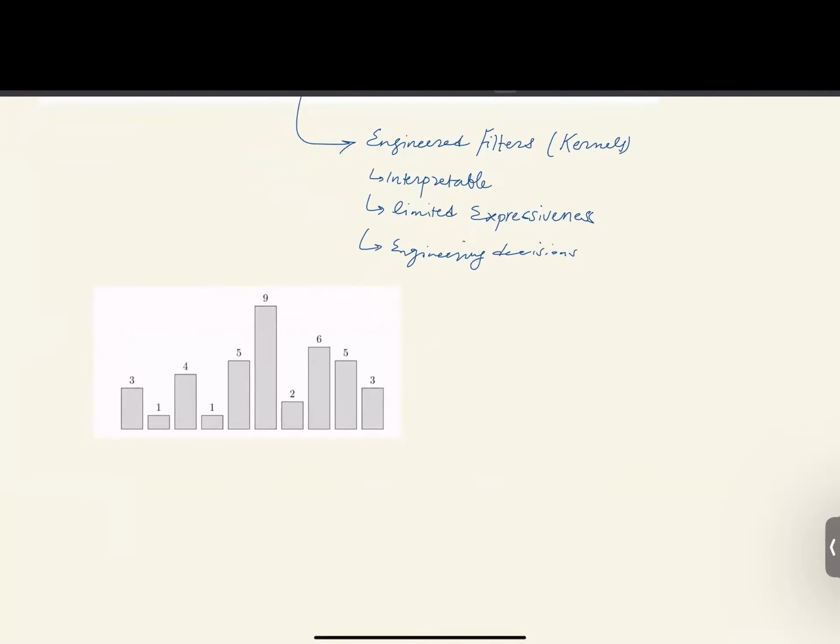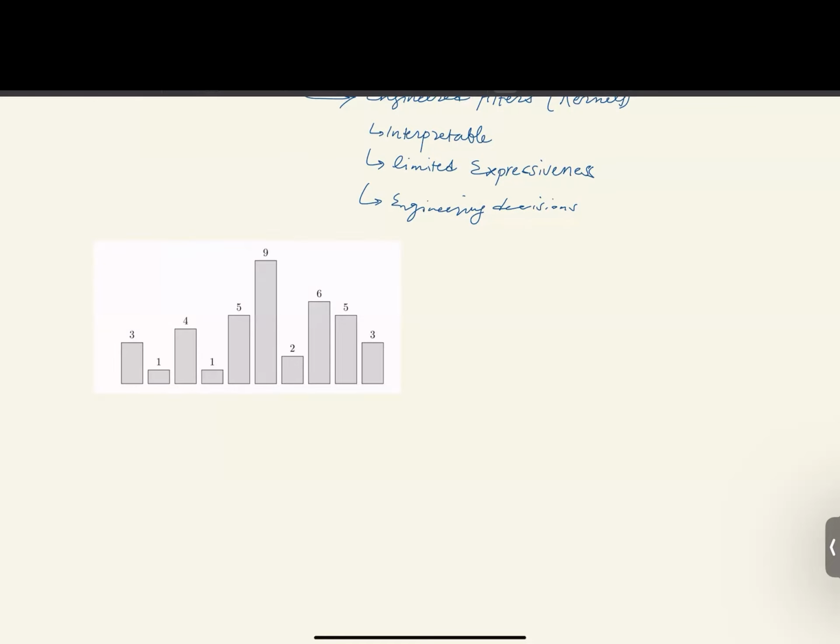So we said we are basically sweeping a function, a filter, a kernel across the data. And this kernel will give us some form of information that we can use as a feature, right? So as we said, we are looking at a function that slides over the values of data. For example, in the case of images, we are sliding over the patches of data.